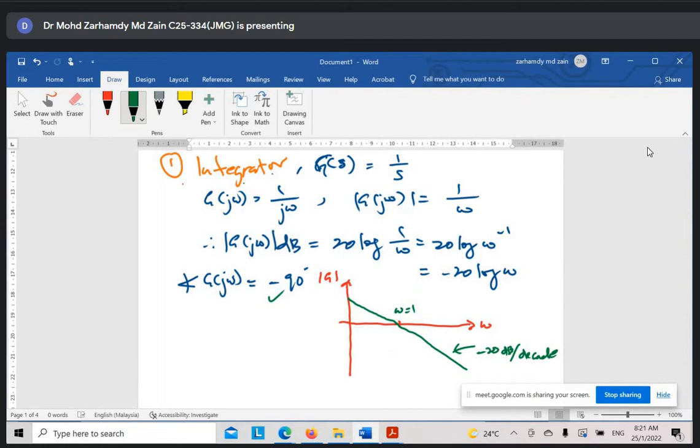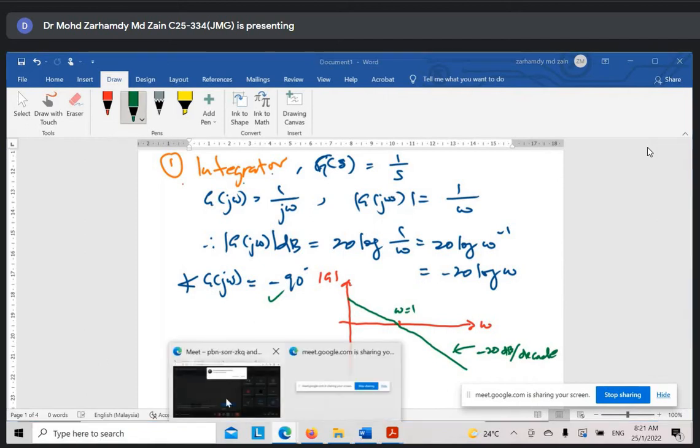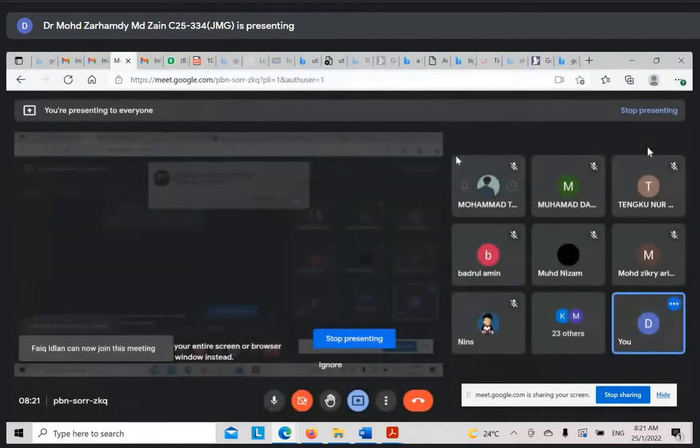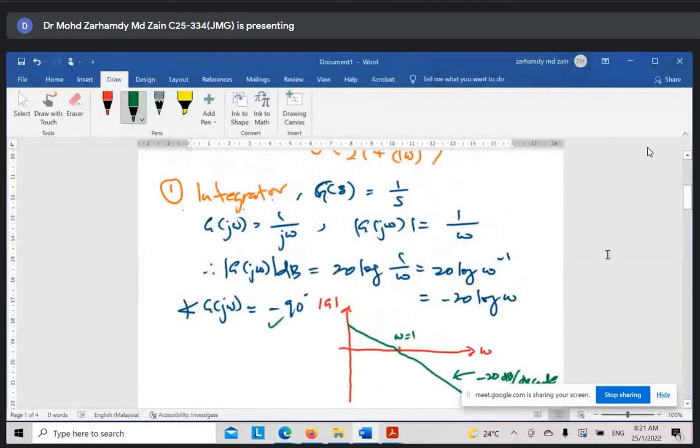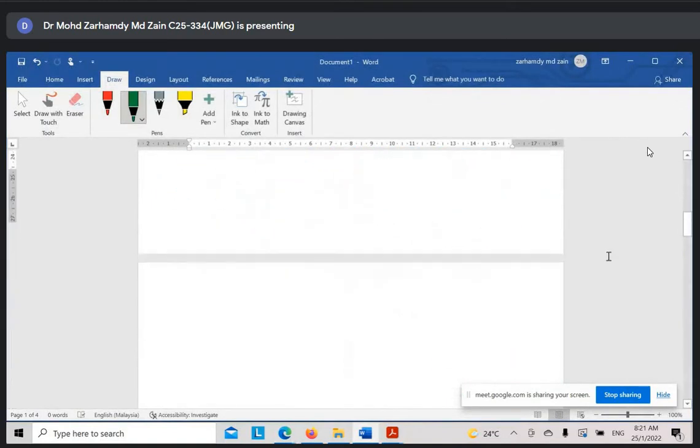Maybe we have G1, G2, G3, and each has its own principle or concept. Alright, so this is the integrator. Done with that. So we go to the differentiator. Okay, we will look at the differentiator, number 2.